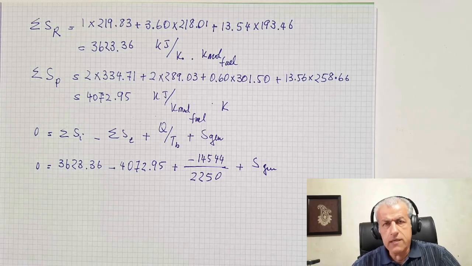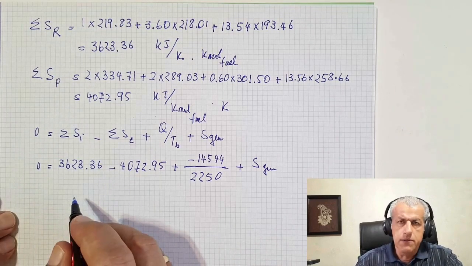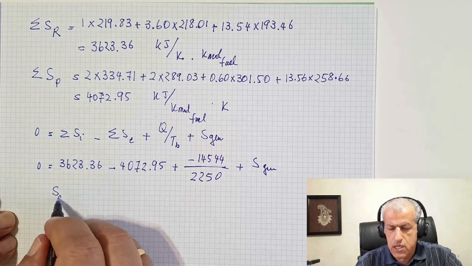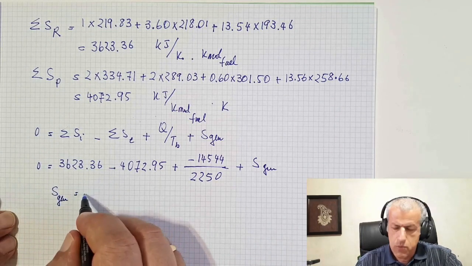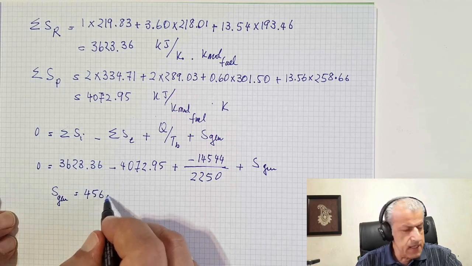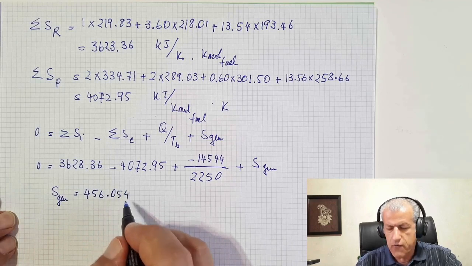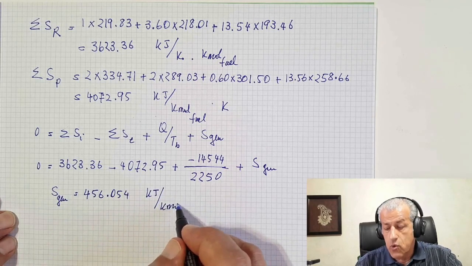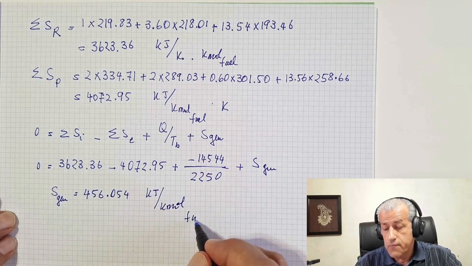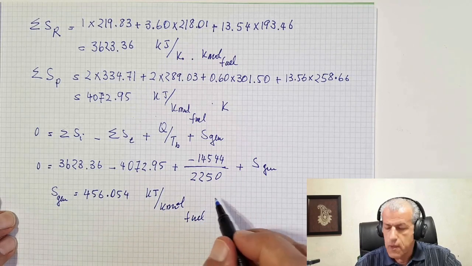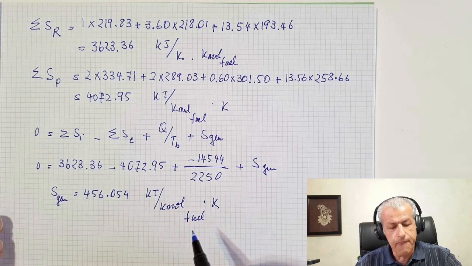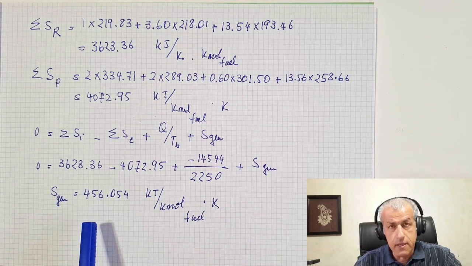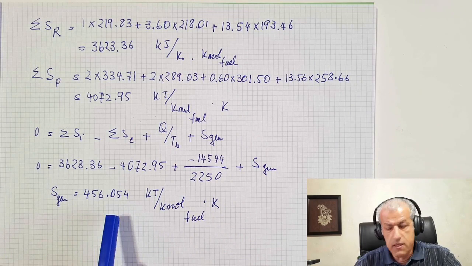Now, we calculate the value for Sgen from this equation, and Sgen would be 456.054 kilojoules per kilomole of fuel, C2H4, times Kelvin. You see, there's a comment to make on this value.